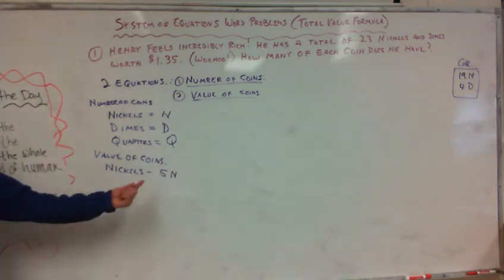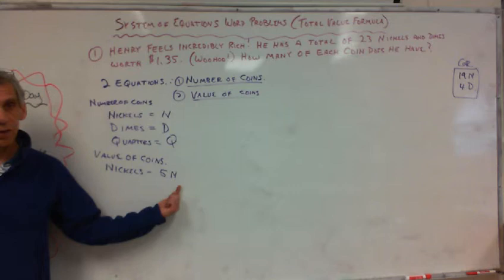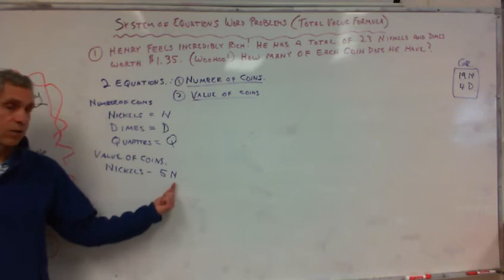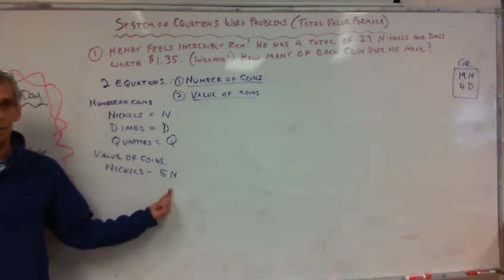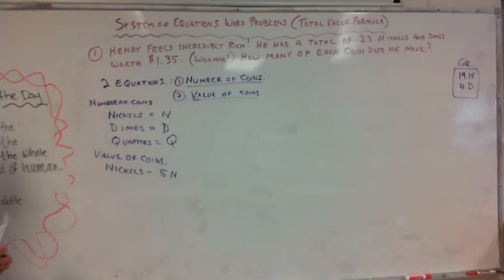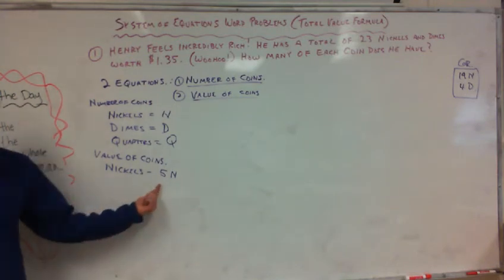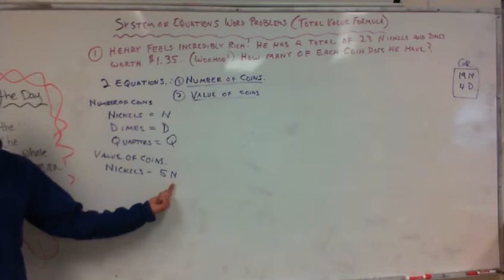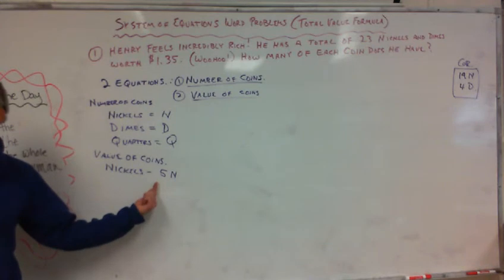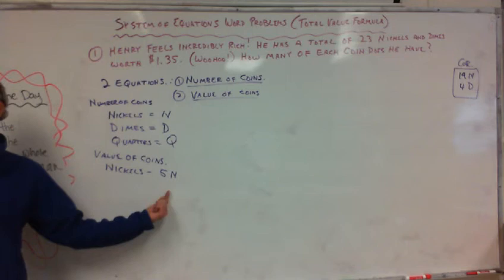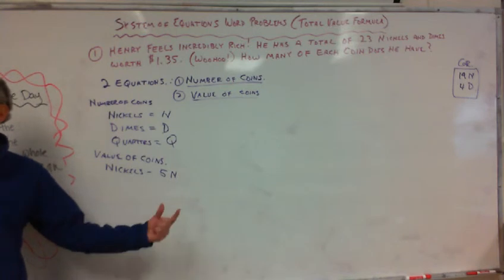Think about that. 5 cents times the number of nickels. If I had 2 nickels, I'd have 5 times 2, 10 cents. If I had 10 nickels, I'd have 50 cents. Every nickel always equals 5 cents. So the number of nickels times the value of that nickel gives you the value of the total number of nickels you have.